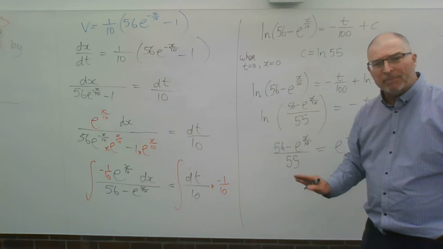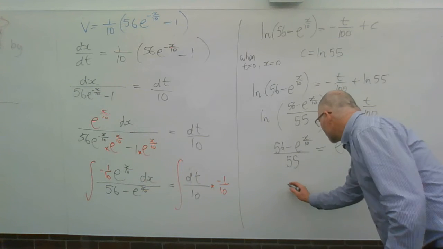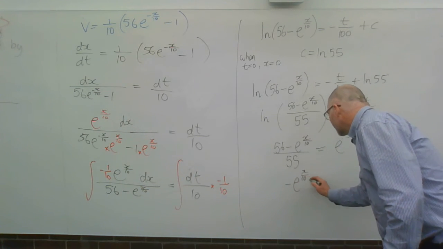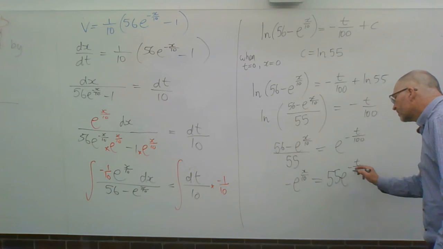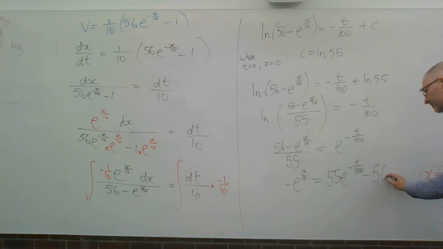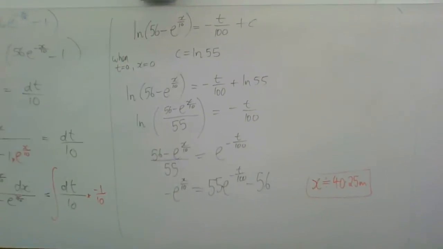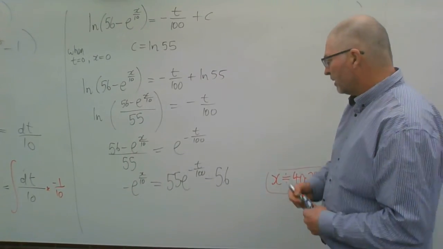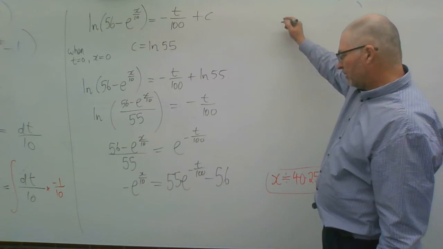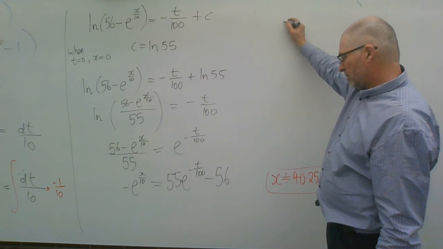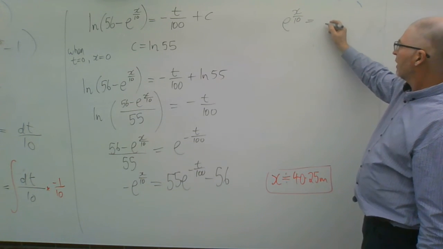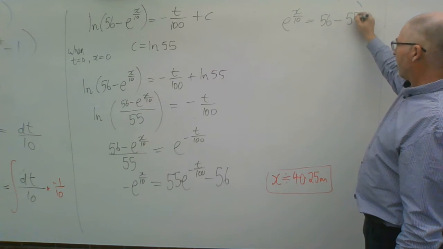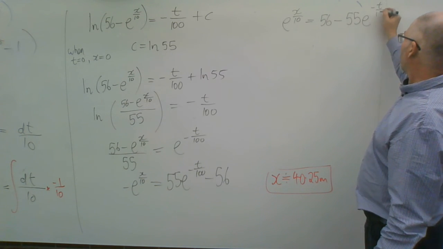And then we need to do a bit of arithmetic now. We've got to try and get e by itself here. So let's just have our minus e to the x on 10 is equal to 55 e to the negative t on 100 minus 56. And now we need to move across to get a bit more room to finalise the whole thing. So here, this is e to the x on 10 equals 56 minus 55 e to the minus t on 100.